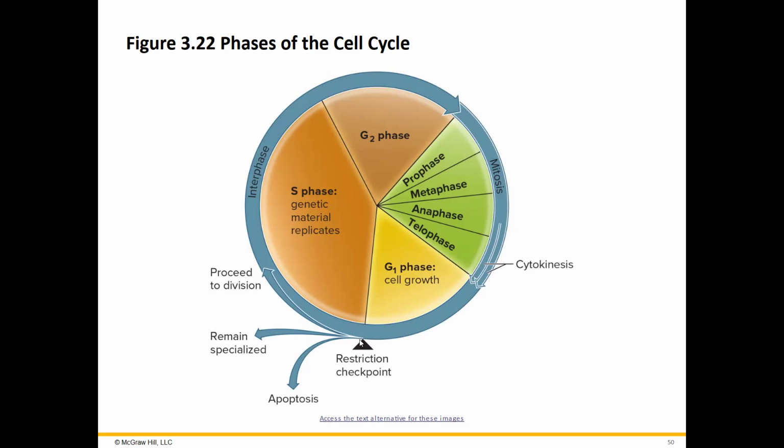If something went wrong, we perform what's called apoptosis and we destroy the cell. We'll talk more about apoptosis later. What I want you to know here is that the first phase is interphase. It is called G1, S, and G2. G1 and G2 is when we duplicate all of the non-genetic material. S phase is when we duplicate the genetic material, and your restriction checkpoint is after G1. That's what I want you to know.